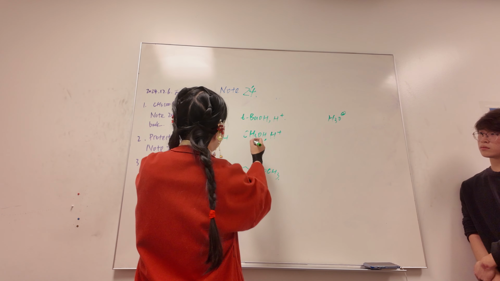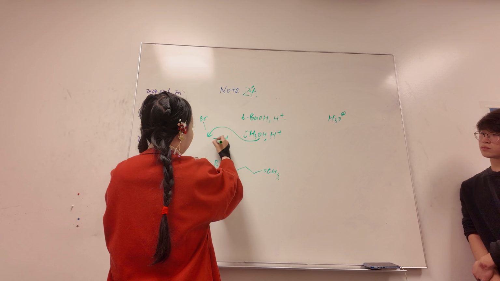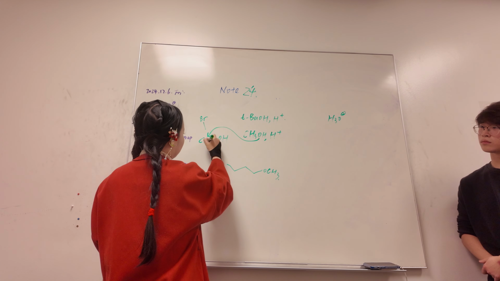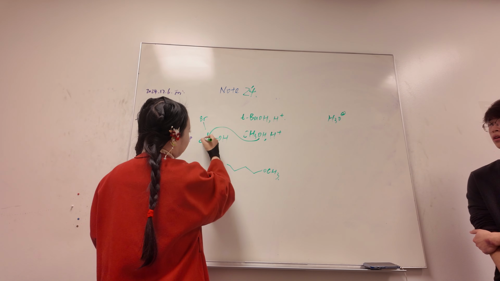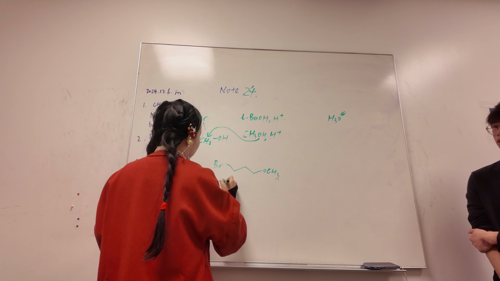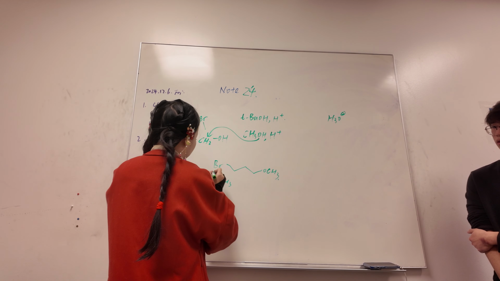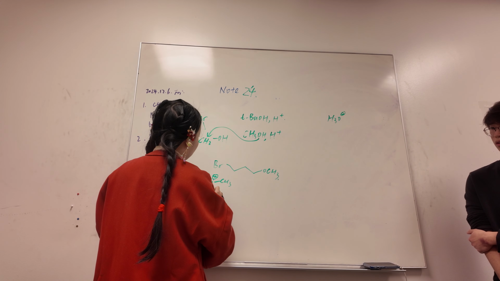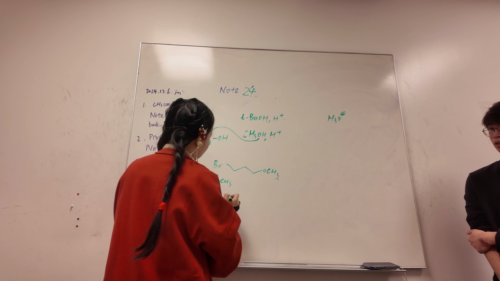It's not deprotonated, it's this one that attacked here. CH2OH like this, and then it formed OCH3. What happened to that hydrogen? How does it get deprotonated? That was what I was asking.